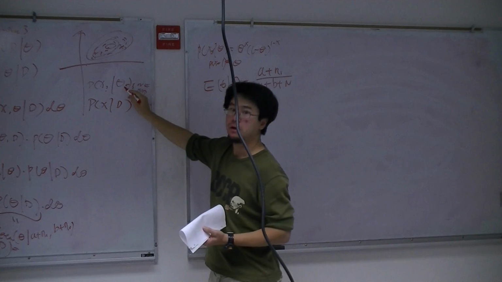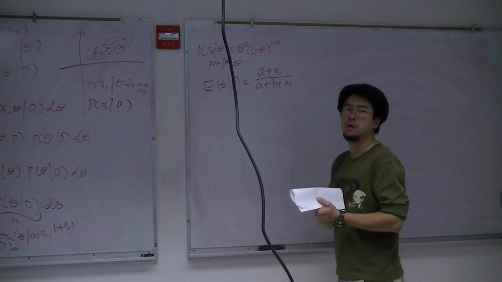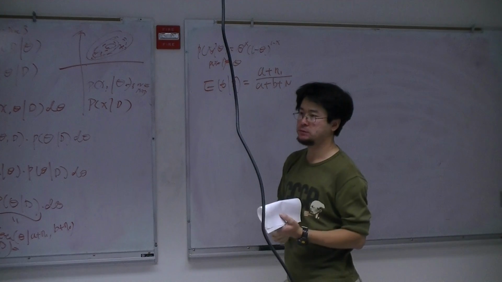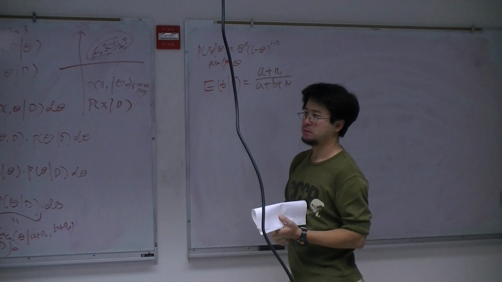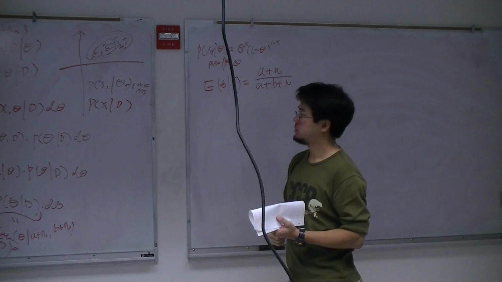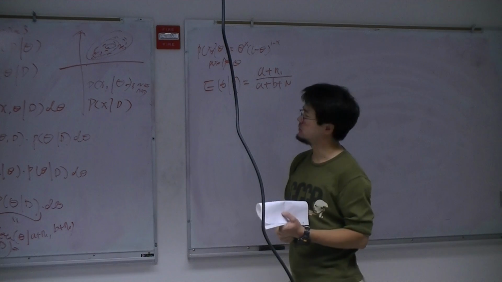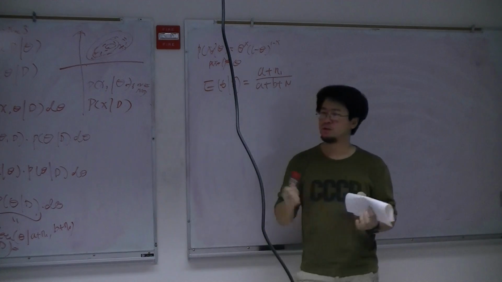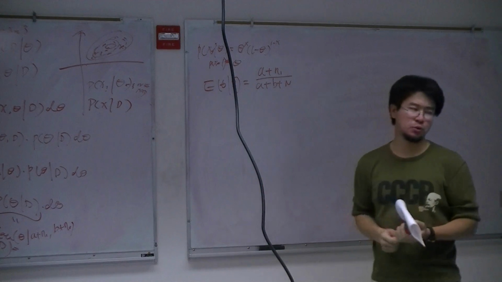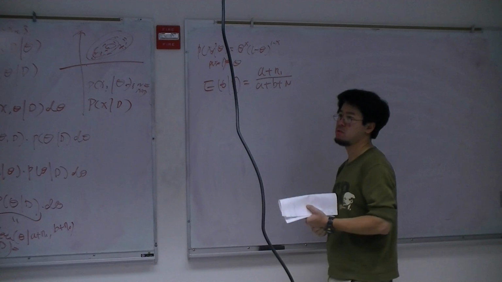But I think it has some plus 1 or minus 1. Maybe in the top it has minus 1 and in the bottom minus 2. Yeah, I think so. I think here minus 2, minus 1. Mm-hmm.